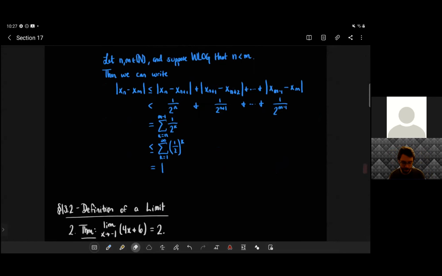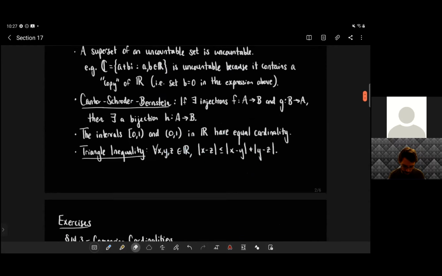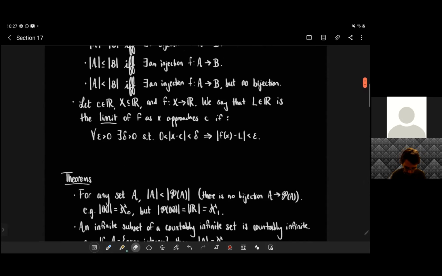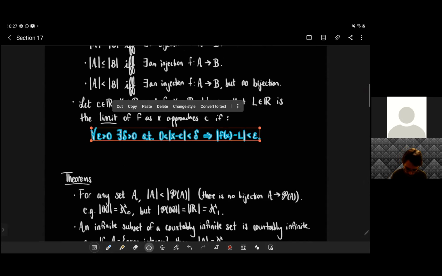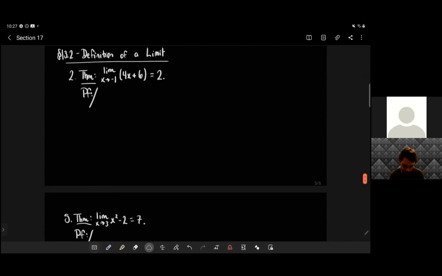Cool. All right, last one I think we'll do is this one related to limits. So what I want to do is run up here and grab our definition that I alluded to a while back. This is our definition of limit.